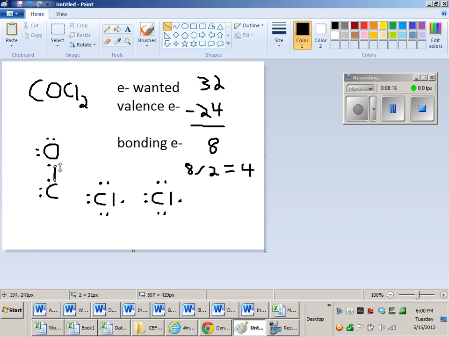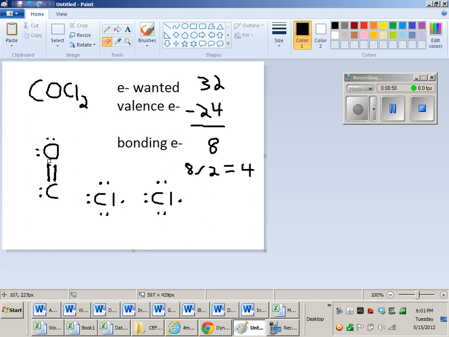Could actually form another one. Okay, so 2 bonds between carbon and oxygen. So at this point, oxygen has 1, 2, 3, 4 non-bonding electrons and 2, 4 bonding electrons. So that's 8 electrons surrounding oxygen. Its octet is filled. So oxygen's done with that representation.